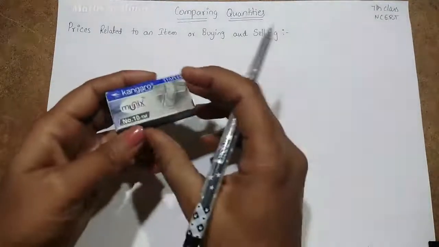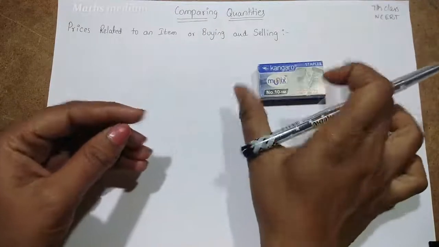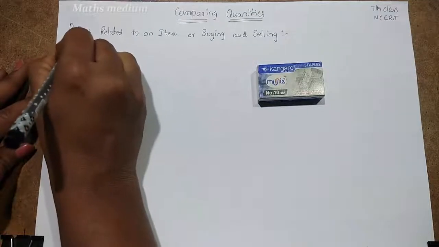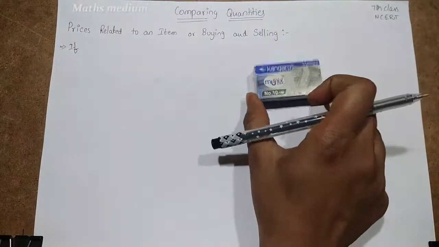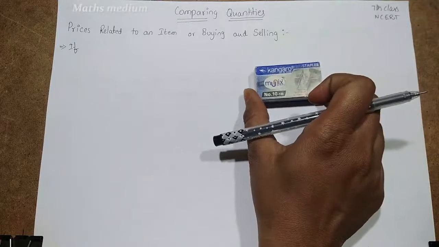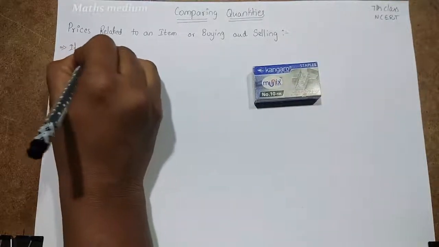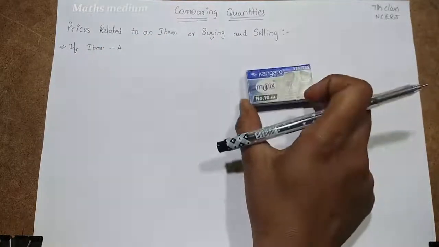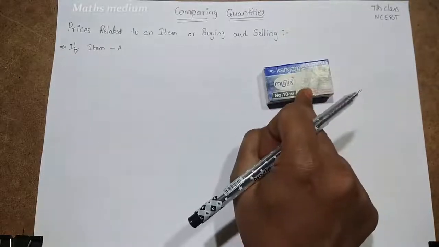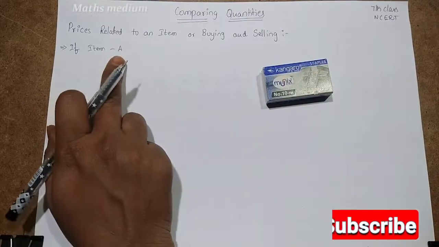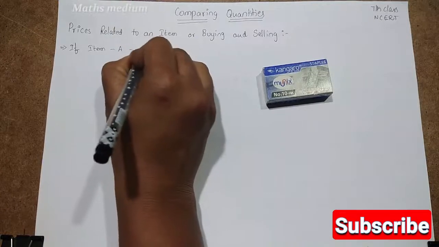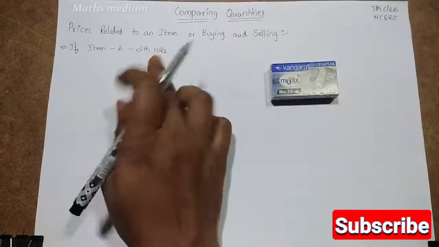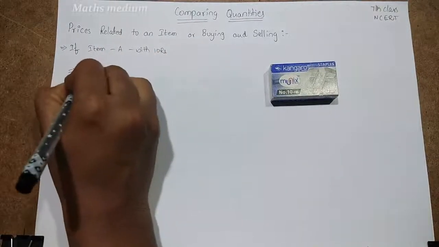See, this is the item. For example, let it be item A. If I buy this item A, any product, with 10 rupees, that 10 rupees is my buying cost, right?